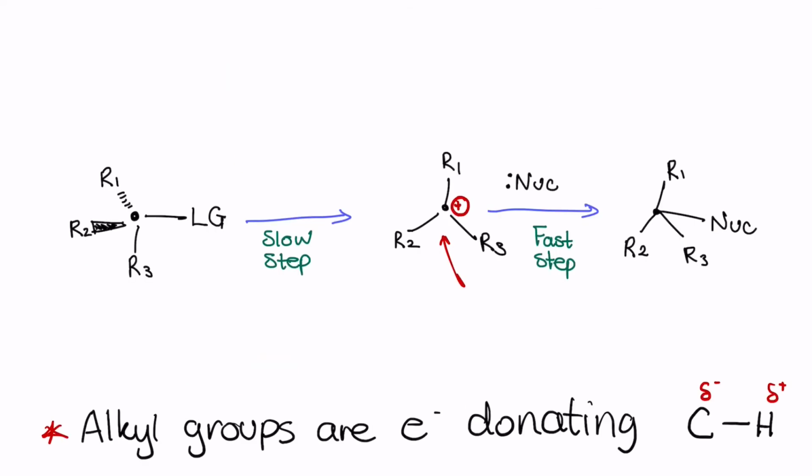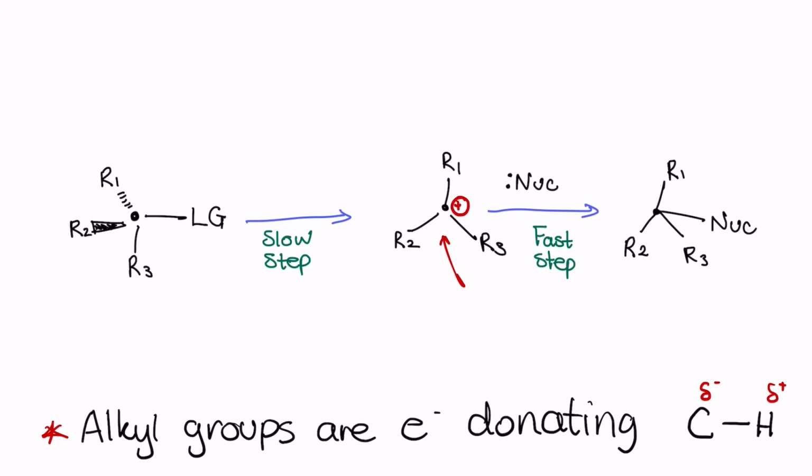So one of the big reasons why SN1 reactions favor a tertiary carbon is because of this positive carbocation here. Now, carbons don't typically like having a charge associated with them. They really don't like having a positive charge. So when we add multiple R groups to this central carbon, it helps try and stabilize this positive charge.